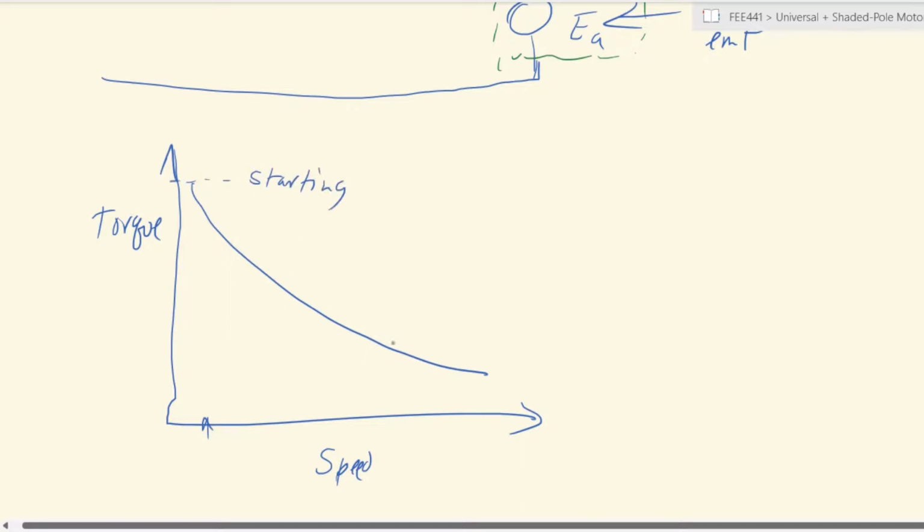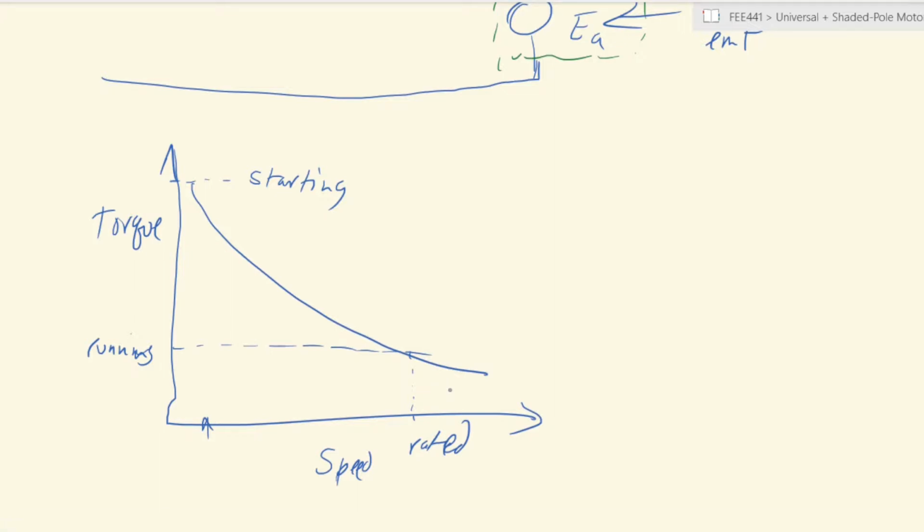And it will gradually reduce until we have a kind of low torque at the running or rated speeds, right? These are kind of the rated speeds. So this is quite useful for applications where you need a high torque at the beginning, and once the initial inertia is overcome, you can then have a lower torque which will sustain the movement of the machine.